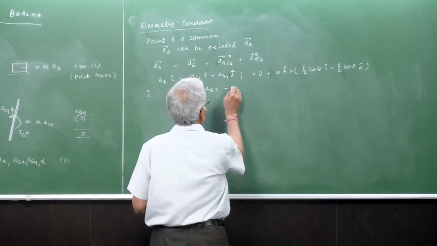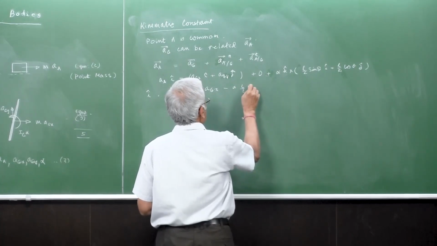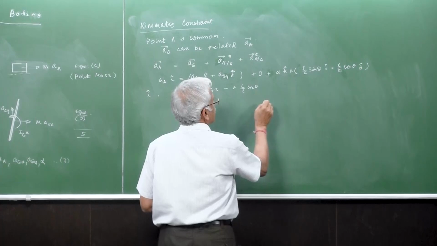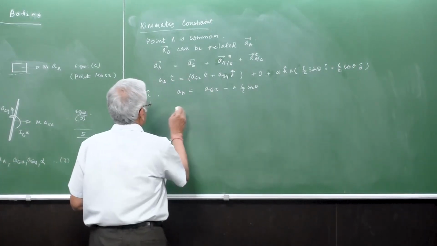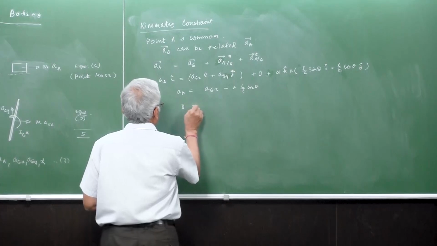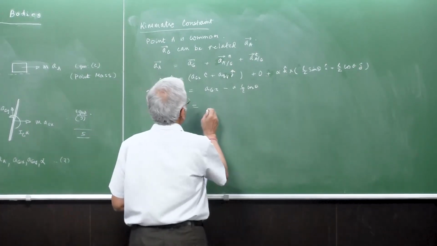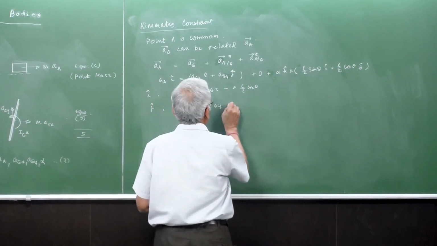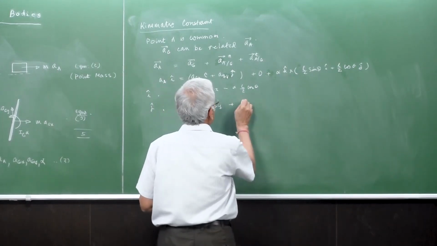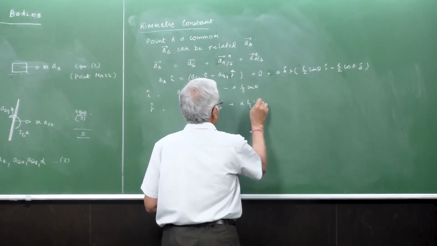So that is alpha times L by 2 cos theta. And similarly, for j, we have 0 is a_Gy plus alpha times L by 2 sin theta.